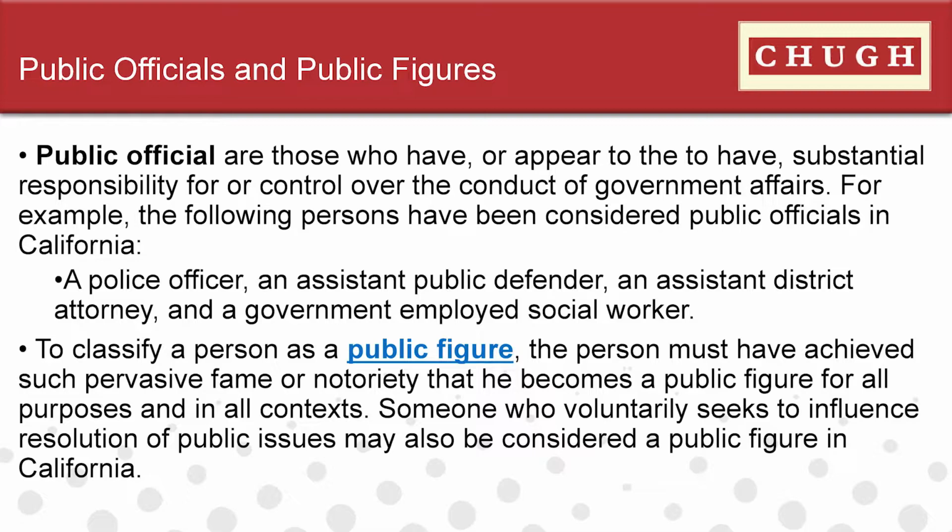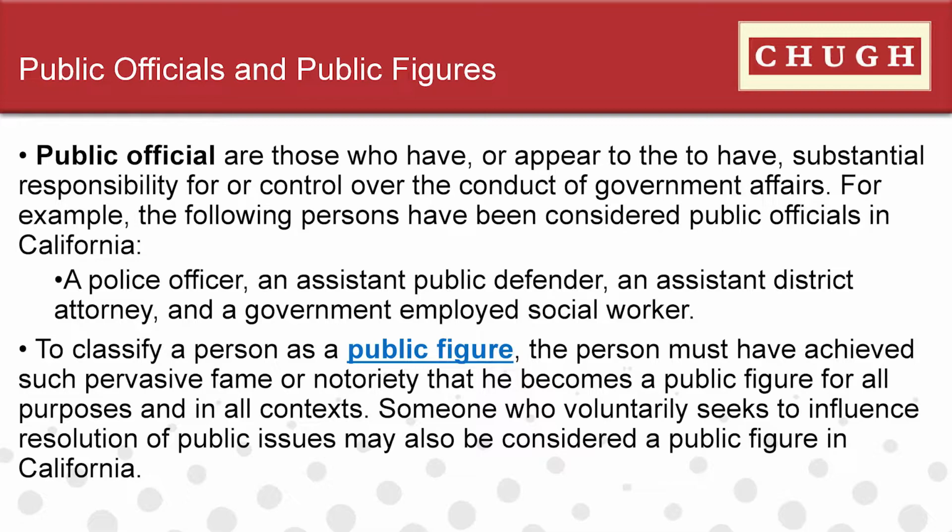So if you say something about the governor, and you say, "Hey, the governor is a secret alien," you may believe that's true. So I'm not really sure that would qualify as defamation.